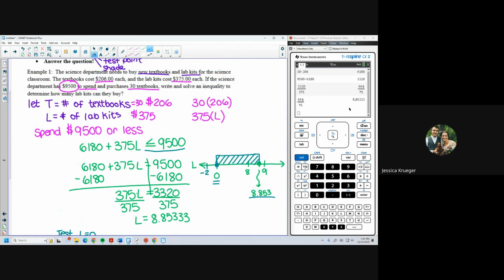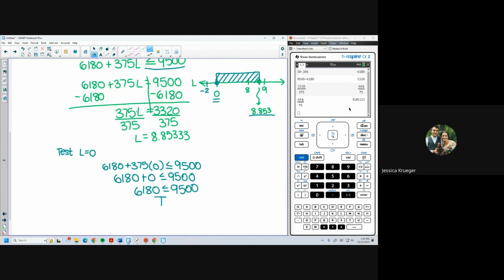However, there's nothing that says that we can buy a partial kit. So I'm going to assume we have to buy an entire kit. So we want to figure out how many lab kits they can buy. Well, to stay within budget, they can buy, what's the greatest whole number of lab kits they could buy? 8.